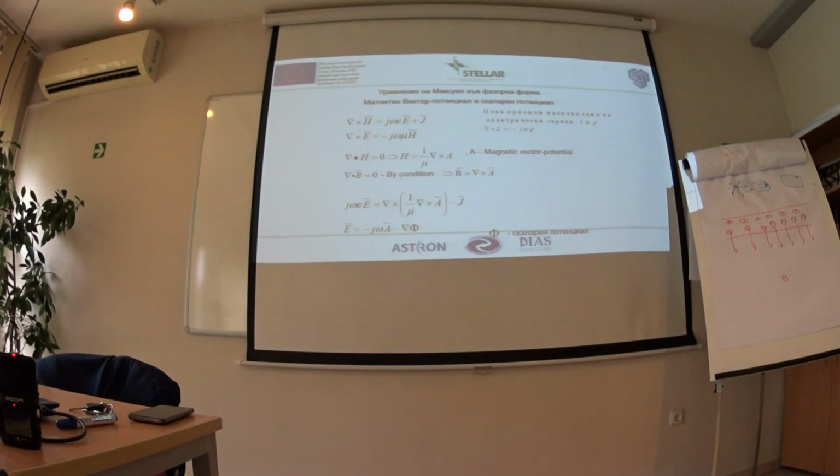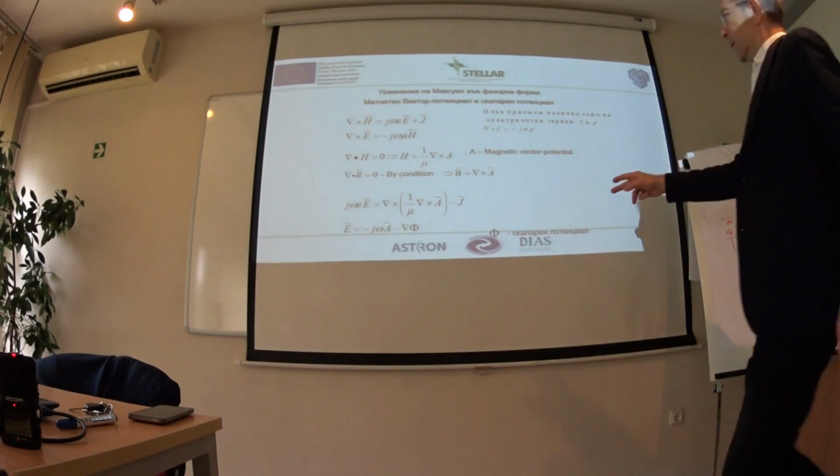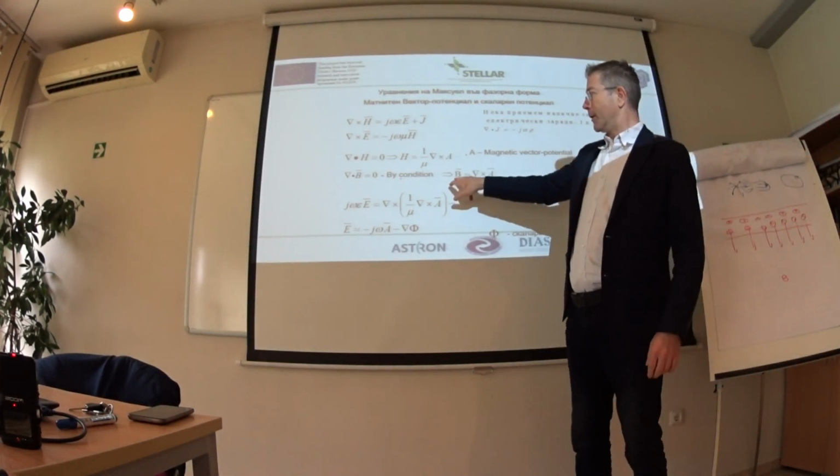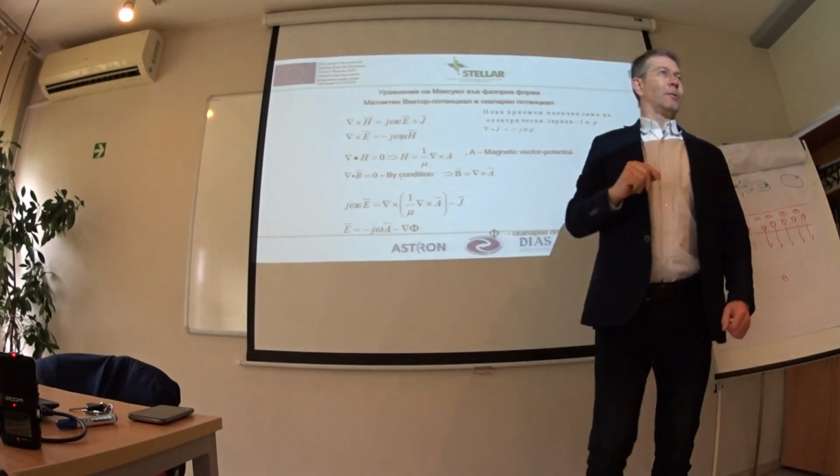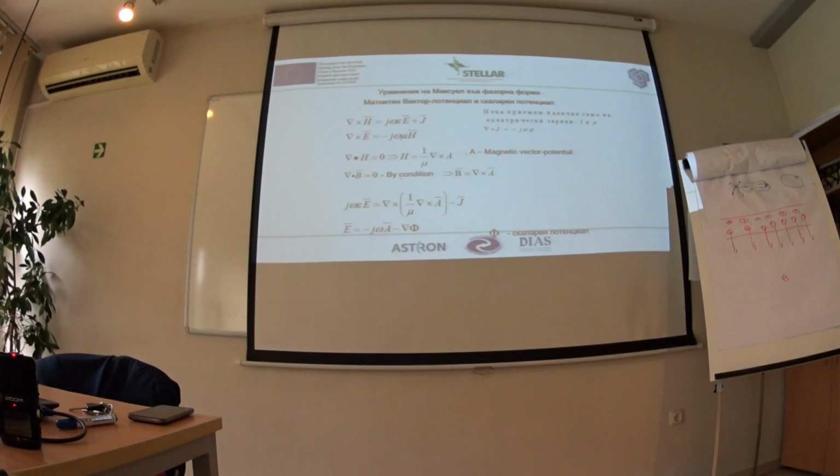Okay, but why is it divided by, or multiplied by, 1 over mu? Because nabla cross A equals B, and B equals H times mu. That's why we have to divide by mu. So it's like a conversion factor between H and B? Yes, mu is the reaction of the medium to the magnetic field. Oh, I see. If you measure a coil, you will see what B causes. But B is the reaction of the medium to H. The reaction. Okay.